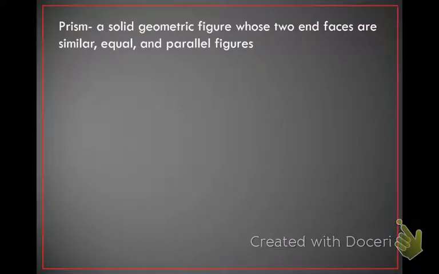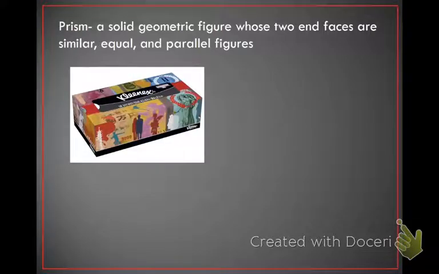The prism is a solid geometric figure whose 2 end faces are similar, equal, and parallel. So 2 base figures. Not 3, not 4, no more than 2. And I actually gave you the common ones right here. What kind of prism would this be? Rectangular.